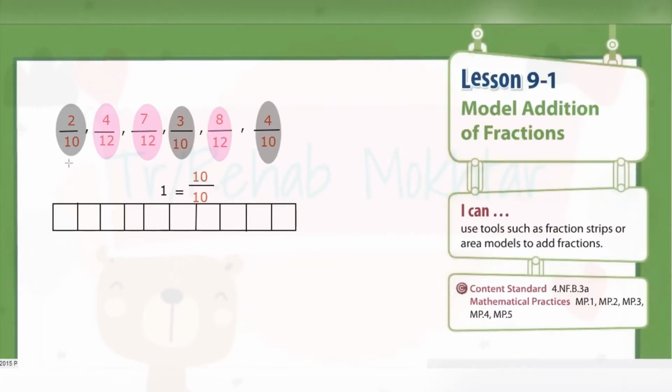How can I represent the first fraction, 2 out of 10? I will take two parts or two strips of one whole. Now we have two shaded parts out of 10 parts. This fraction represents 2 out of 10.